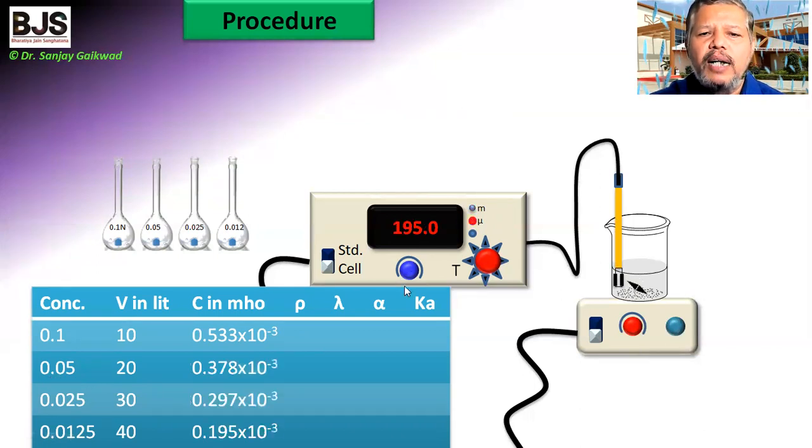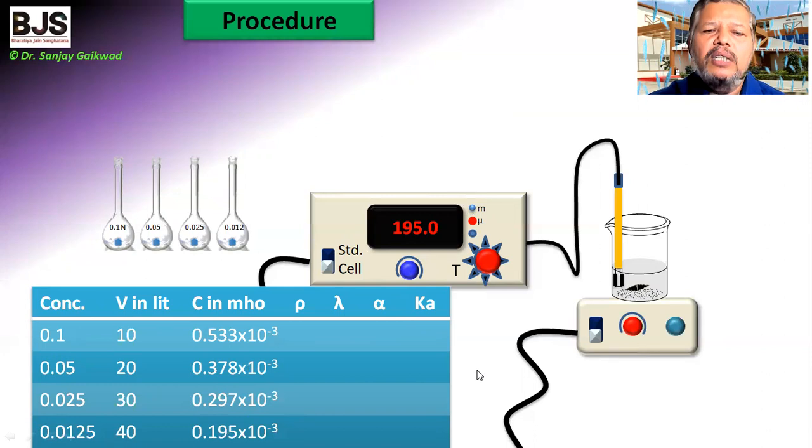For the fourth, most dilute solution, the light glows on the micro range, that is 10 raised to minus 6. Now 195.0 into 10 raised to minus 6 can be converted into 0.195 into 10 raised to minus 3. In this way, we measure the conductance for each solution.